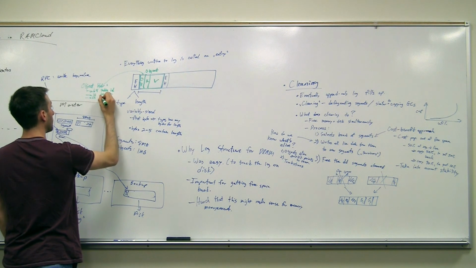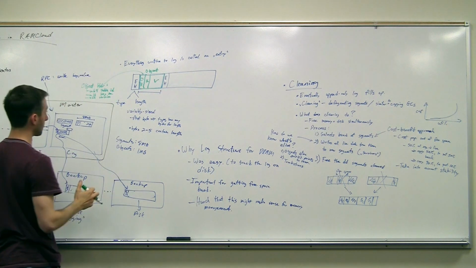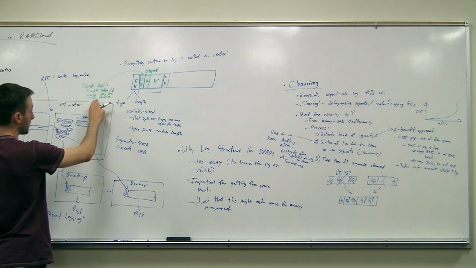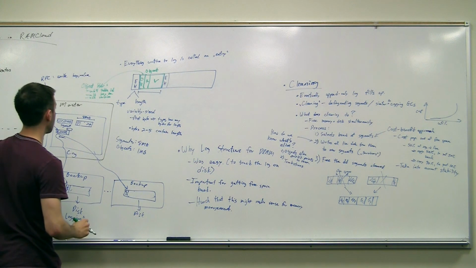There's a 64-bit version number, and this allows us to differentiate between different versions of the same object in the log. So when we replay, we will take the object with the highest version, assuming that it doesn't have a tombstone that indicates that it's been deleted.